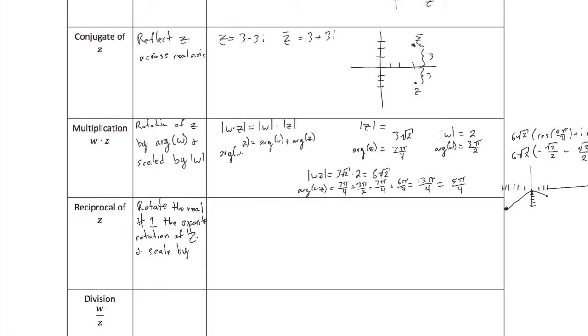So it's going to scale by the reciprocal of the modulus of Z. So it's basically going to rotate by negative arg Z, and it's going to scale by 1 over modulus Z. And again, be careful with this just because we really want to have it be between 0 and 360 or 0 and 2 pi.